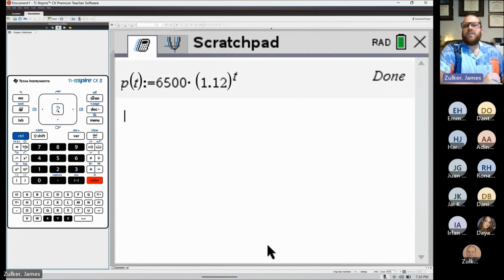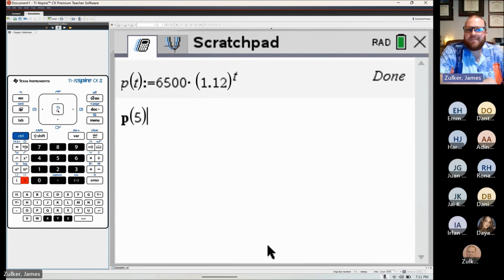I'm going to hit enter. You'll see it now says done. That means this function is now stored. And now if you notice, when I type in P, it's now bold. So that means I'm recalling a stored value.